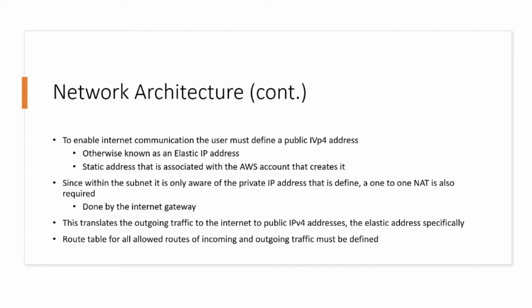This translates the outgoing traffic to the internet to public IPv4, and the elastic address specifically. And a route table for all allowed routes of incoming and outgoing traffic must be defined. Basically what that route table is doing is saying, hey, these addresses can get through, I'm going to translate them, or these addresses can't get through, I'm not going to let them through. And that's huge.